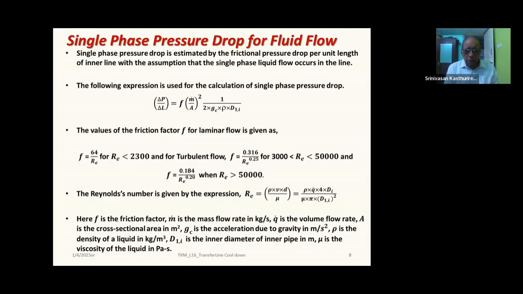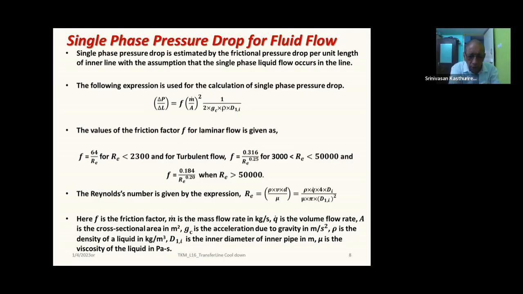Now, in case you have a turbulent flow, the value will be equal to 0.316 divided by Reynolds number to the power 0.25, for the Reynolds number ranging from about 3000 as the starting point up to about 50,000. That is the upper limit for this.